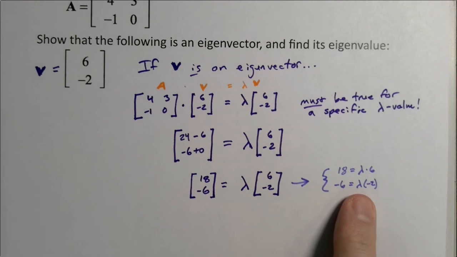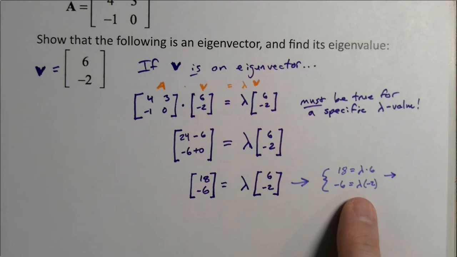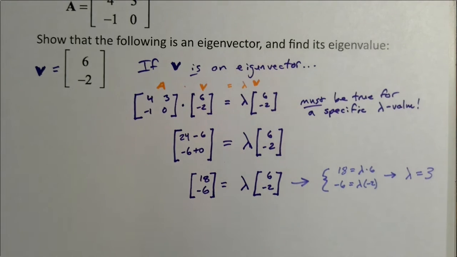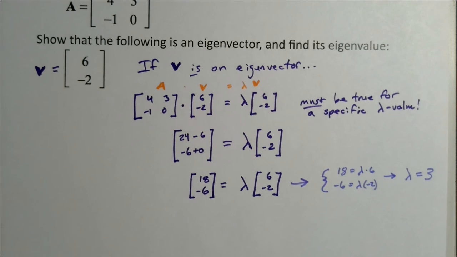Now, is there a lambda that works for both of these? Is there a lambda value that makes both of these true? Well, on the top one, you're like, oh, just divide by 6. Lambda equals 3. Notice down here, if lambda equals 3, it also works. And so from both of these, you wind up with lambda equals 3. And so this is true if lambda equals 3.